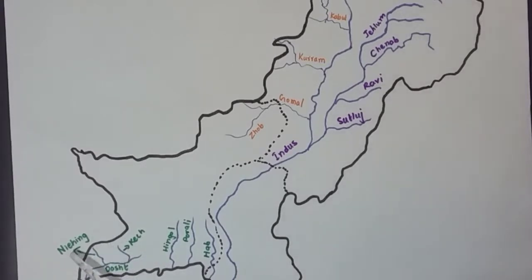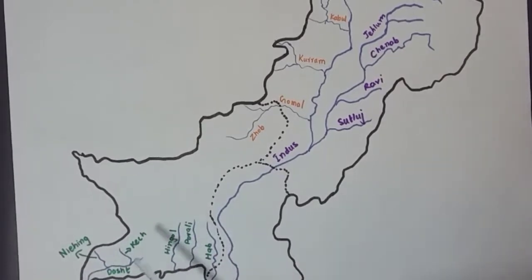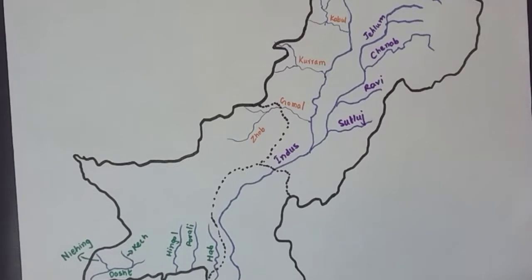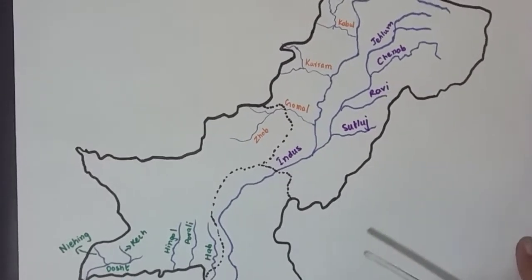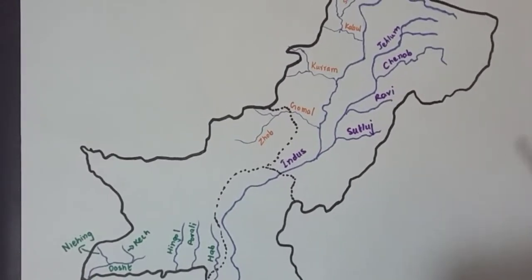The river on the western side would be Nihing, then towards the east would be Kech. So you have to learn the sequence like that: Nihing, Kech, Dasht; Hab, Purali, Hingol; Nihing, Kech, Dasht. If you learn it this way, it's going to be very simple for you, and I don't think you're going to make a mistake in identifying the rivers when they are asked in your exams.